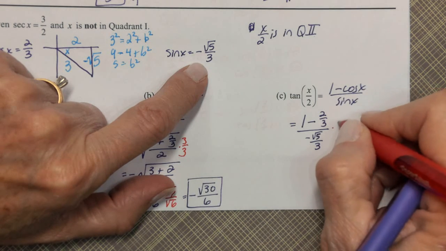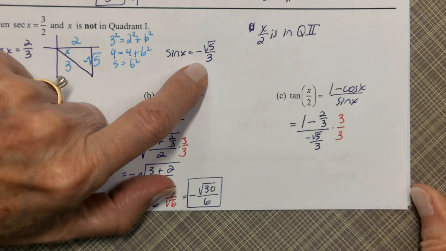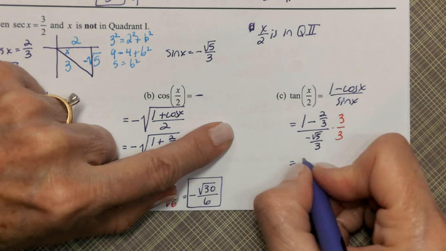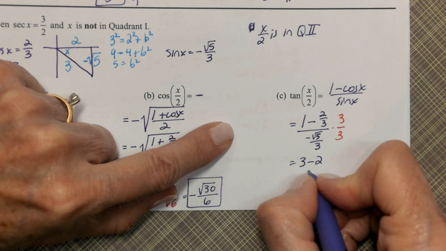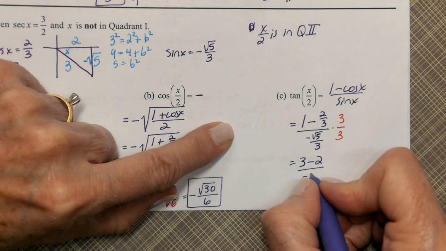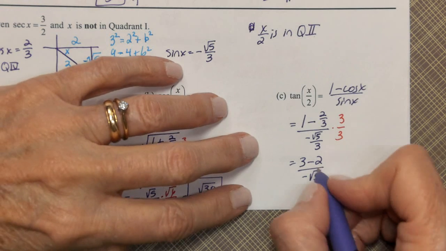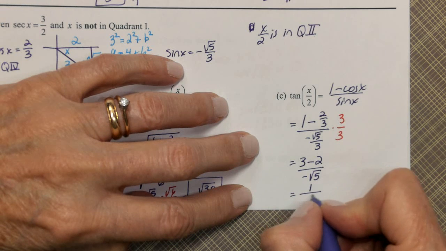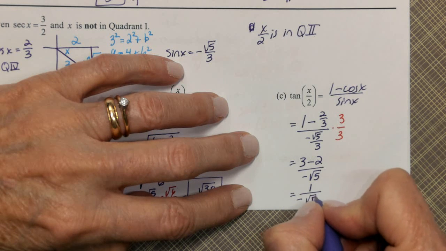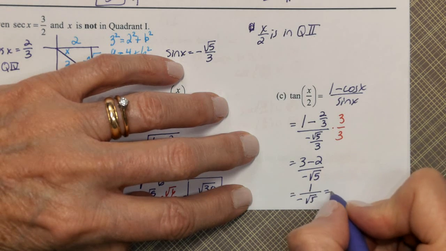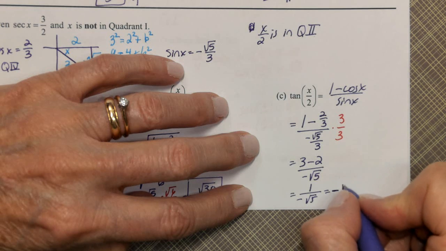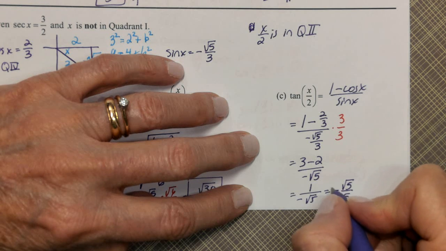Multiply top and bottom by a 3, and we have 3 minus 2 divided by negative square root 5, which is 1 divided by negative square root 5. When you rationalize that, you'll get negative square root 5 over 5.